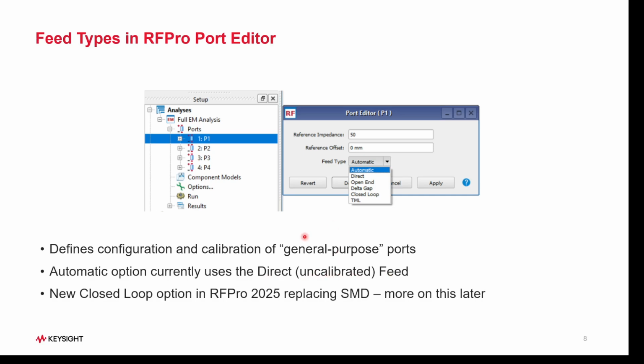Another important point is that with RF Pro 2025 we're introducing a new option called closed loop, which is essentially replacing SMD. So if you're using RF Pro or EM setup, the SMD feed type is not available anymore in RF Pro 2025. But we'll see more of this later.